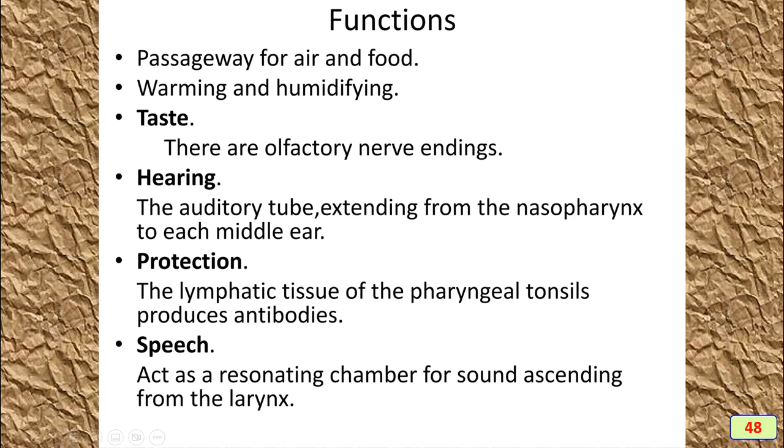Then the functions of the respiratory system are passageway of air and food, warming and humidifying. Then there are olfactory nerve endings, which have the sense of smell and also hearing, then protection, and also speech.